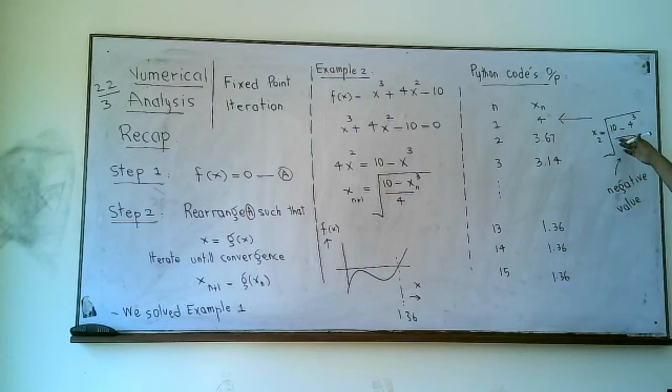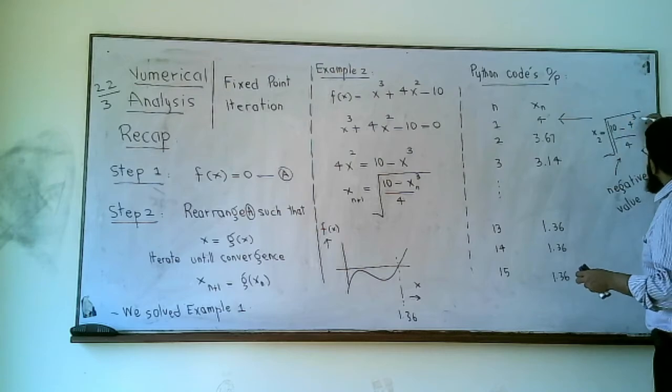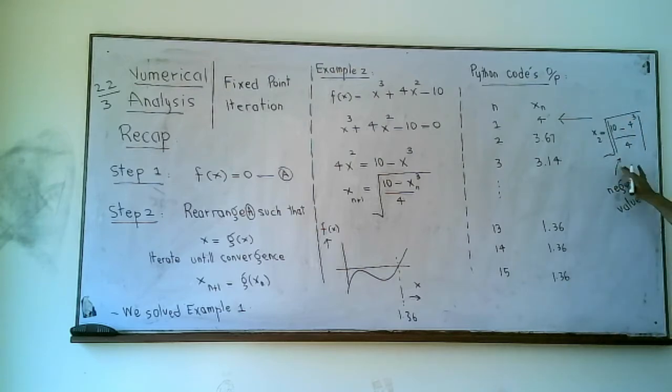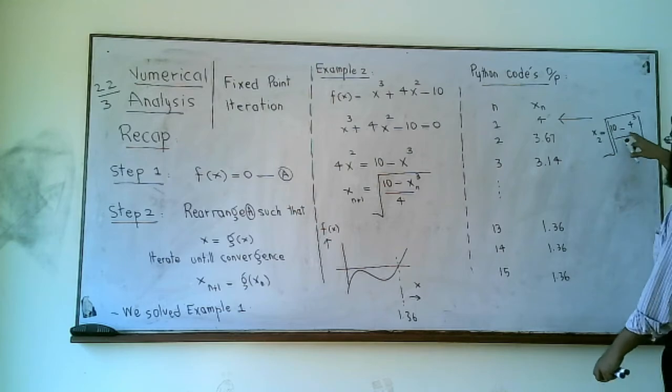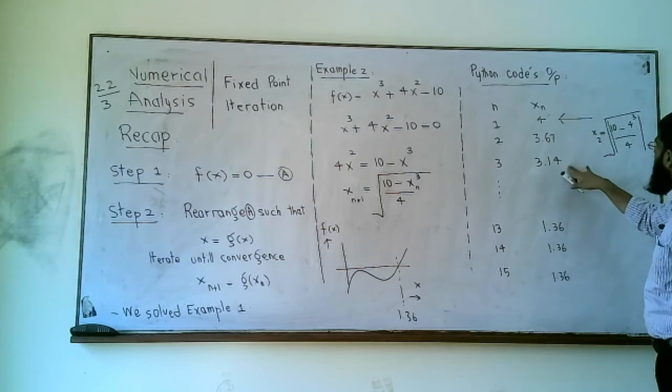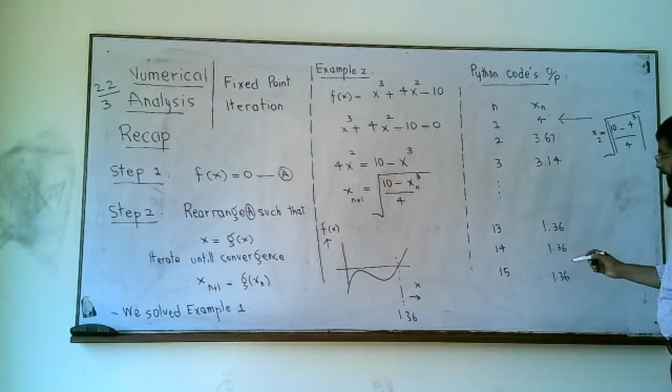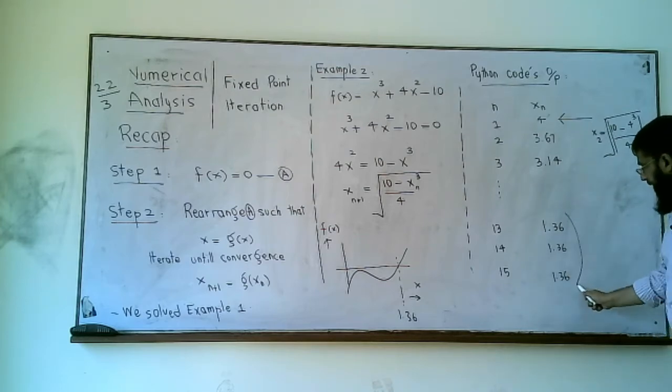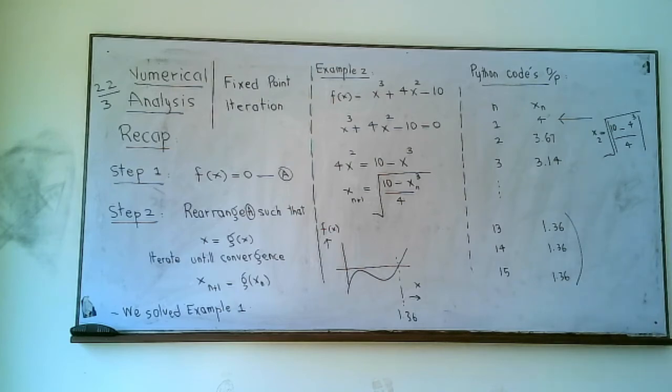The square root of negative values isn't possible, therefore you need to work with the absolute value. So we will be working with the absolute value of this expression, and we keep on going until, in iteration number 3, we get xn equal to 3.16. I have run this code for 15 iterations, and for the last 3 or 4 iterations it seems to be converging at the root 1.36.